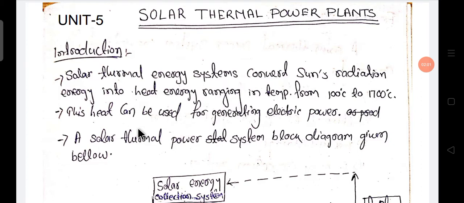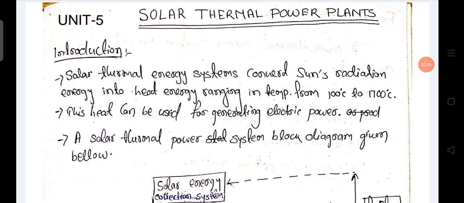The heat can be used for generating electric power. To satisfy our huge need of electricity on our earth, we use different technologies to produce electricity.